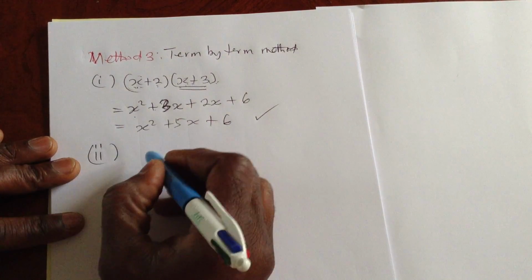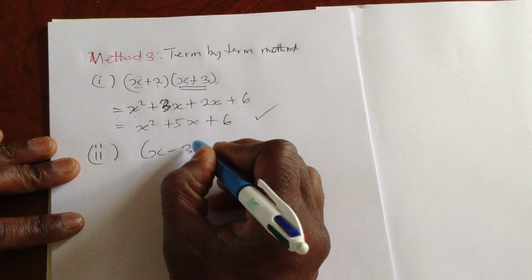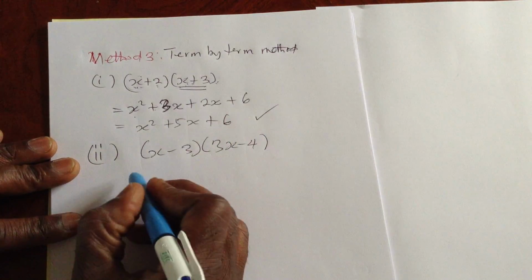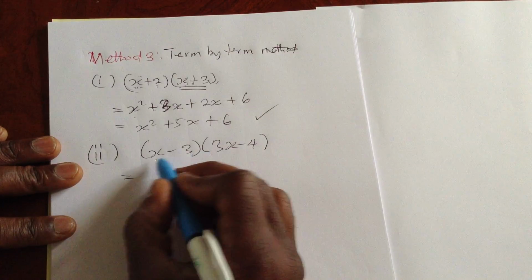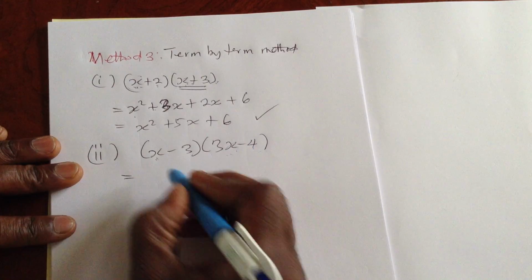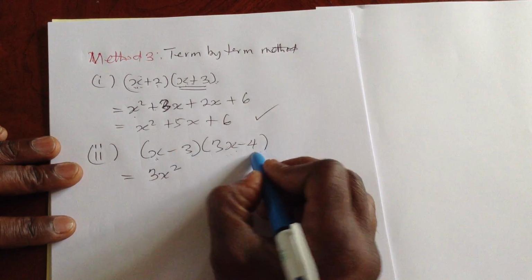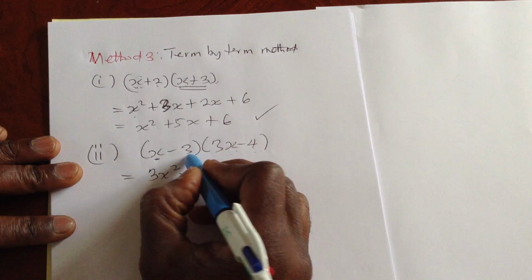On the second example, we had x minus 3 and 3x minus 4. We use this term, 10 by 10, so this term here with the two terms in the other bracket. So x times 3x will give us 3x squared, and then x times minus 4 gives us minus 4x. I'm done with this. I'll then go to the next term.